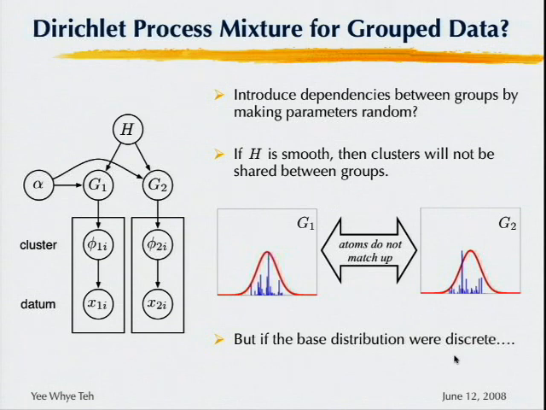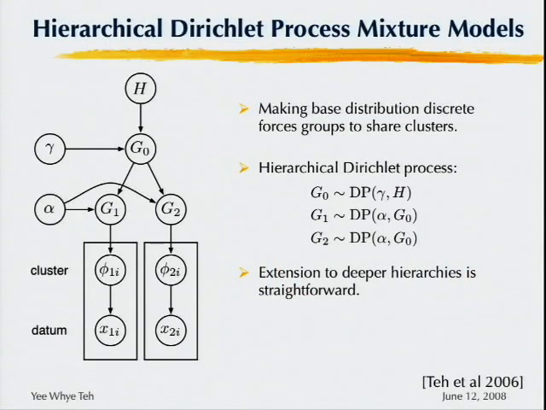Okay. So the basic idea here is that if we make the base distribution discrete, then the atoms will be shared. And this is basically what we do in a hierarchical Dirichlet process. We simply say that the common base distribution of our two Dirichlet processes, so both G1 and G2, are now going to be drawn from a Dirichlet process, the same Dirichlet process with a common base distribution of G0.